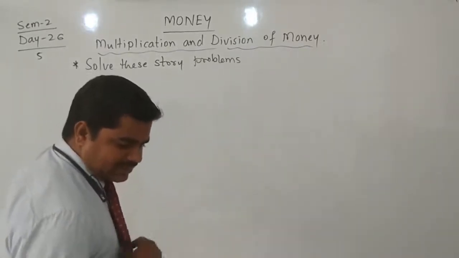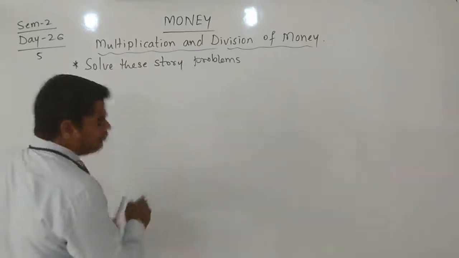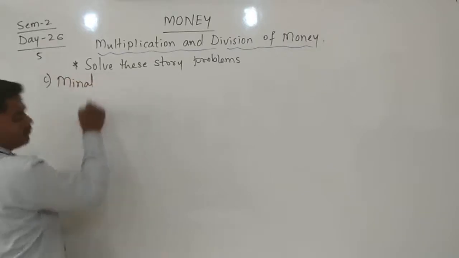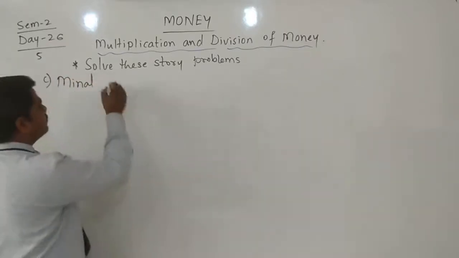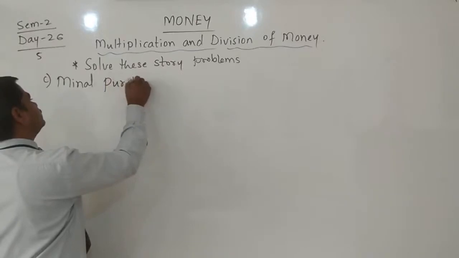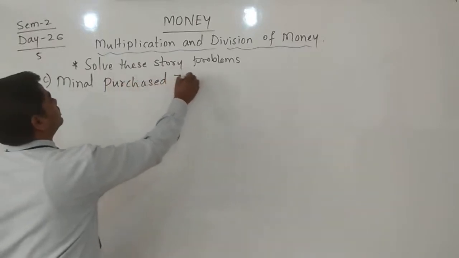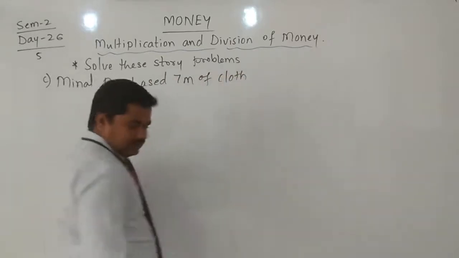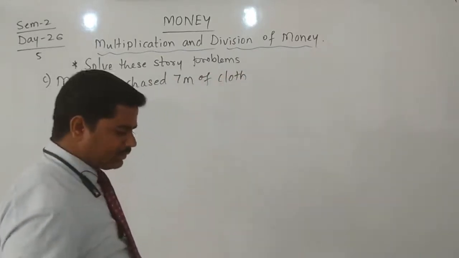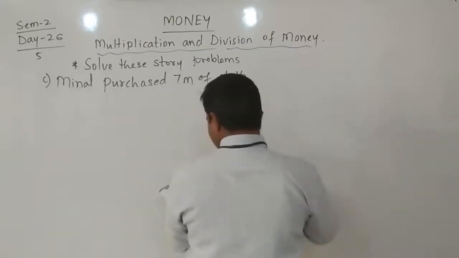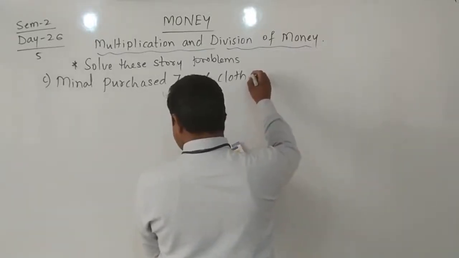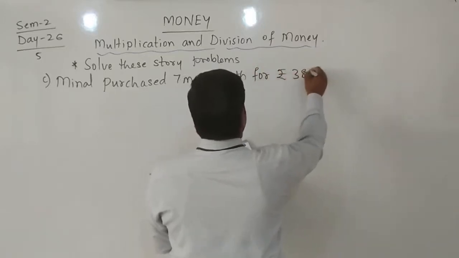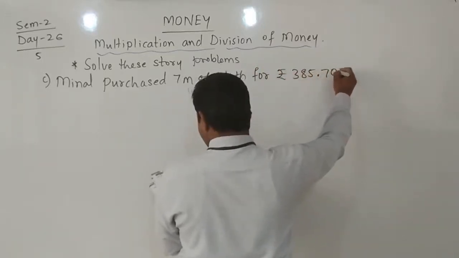Minal purchased 7 meters of cloth for rupees 385.70.